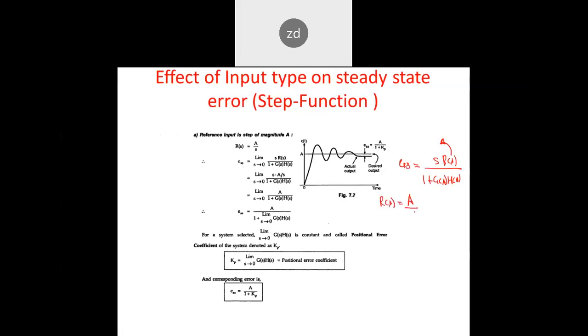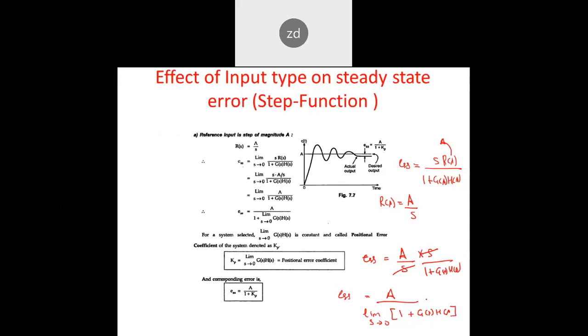So it would be A by s into s divided by 1 plus G of s H of s. The s and s get cancelled, and I am left with E of s equal to A by limit s tends to 0 of 1 plus G of s H of s.